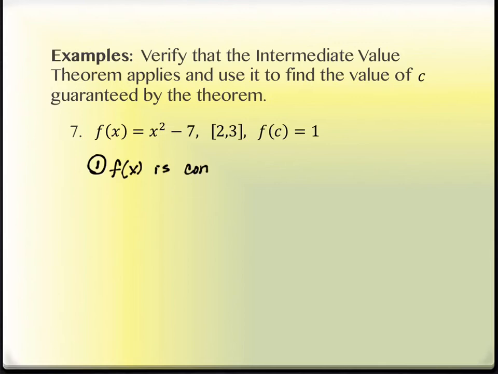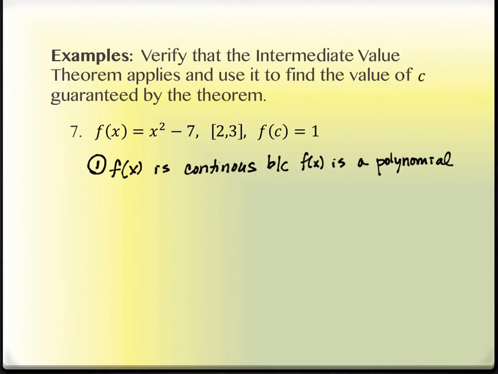And our justification for why we know that's true comes from a previous section of material, and it's because f of x is a polynomial. And we talked about the fact that all polynomials are continuous. We also talked about radical functions being continuous.